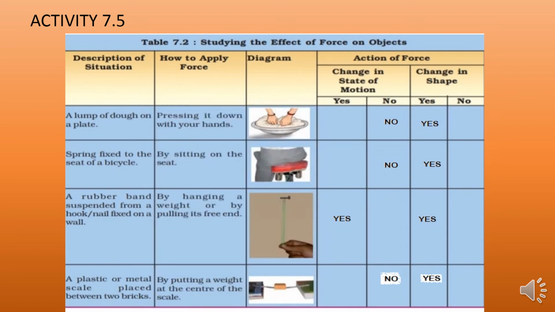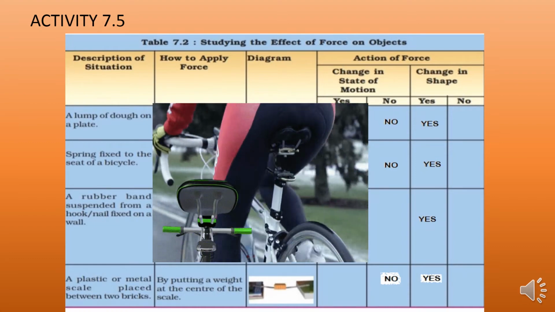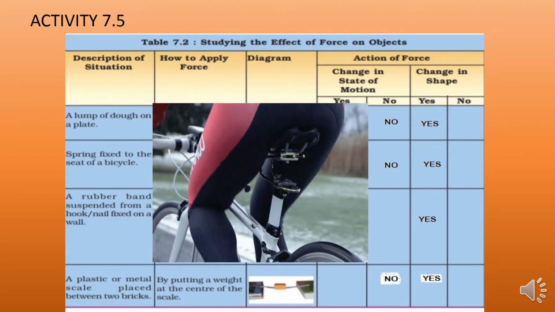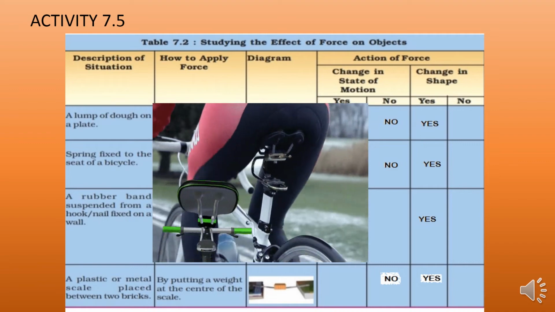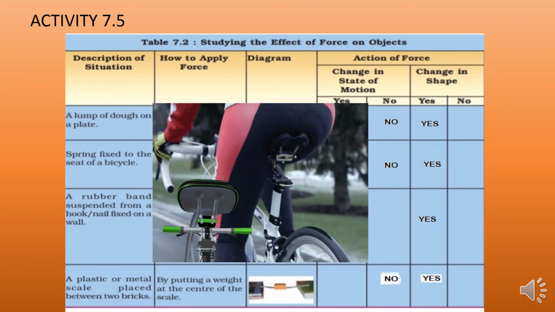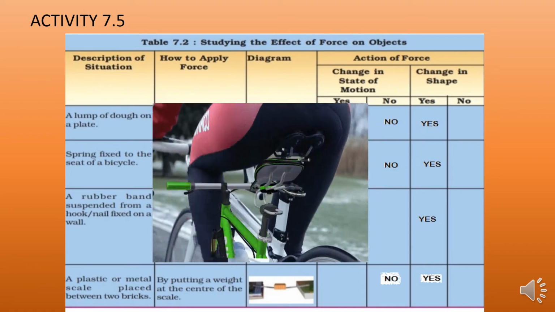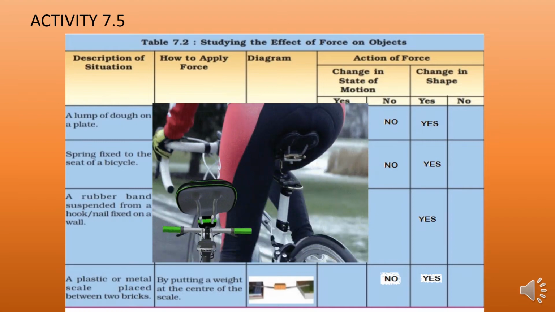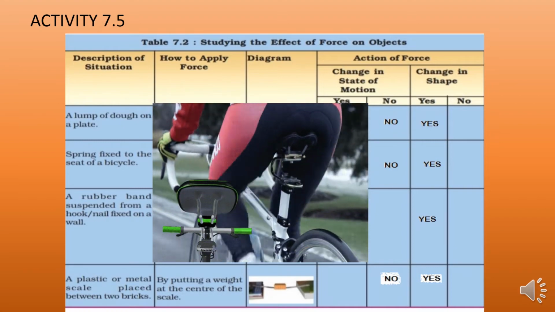Now see the second example: a spring fixed to the seat of a bicycle. How are we applying the force on it? By sitting on the seat. By sitting on the seat, what is happening? The shape of the spring is getting changed. It is not moving from one place to another place.